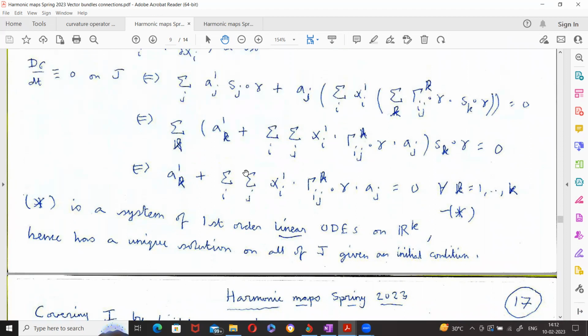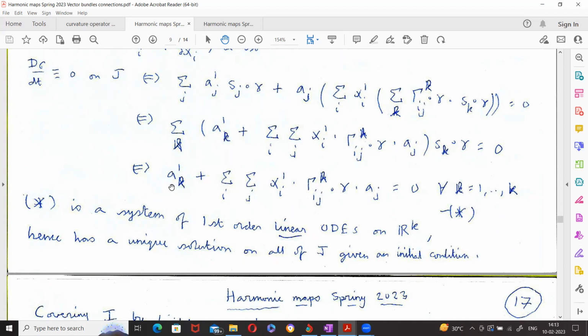Yeah, this should be an L. Right, so otherwise SL composed gamma at the end, right? Yeah, right.